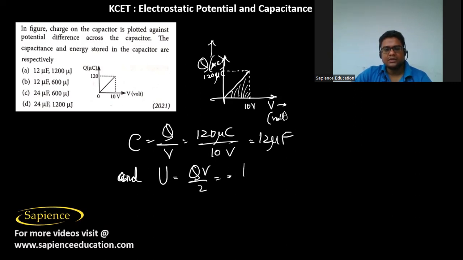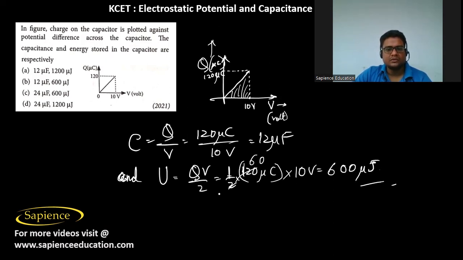So that will be equal to half into q, that is 120 microcoulomb, into 10 volts. So that will be equal to 600 micro coulomb into volt. Coulomb into volt is obviously joule, so it is 600 microjoule. So 12 microfarad and 600 microjoule. So option B is the correct answer.